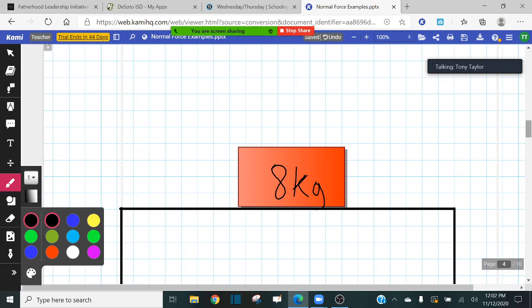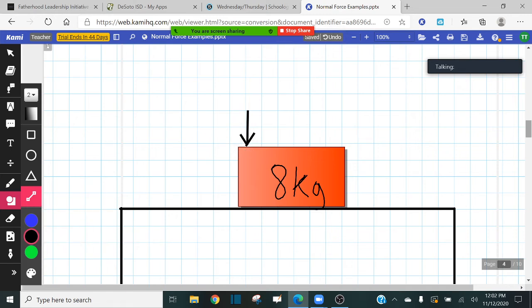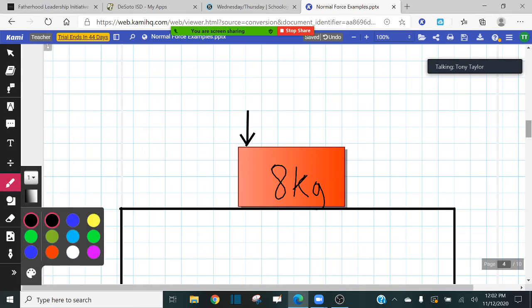And suppose there's a 20 Newton external force currently acting on the box right now. 20 newtons. Okay. And if you have a situation like this, how can you figure out what is the magnitude of the normal force? Okay. So that's what I want to know.